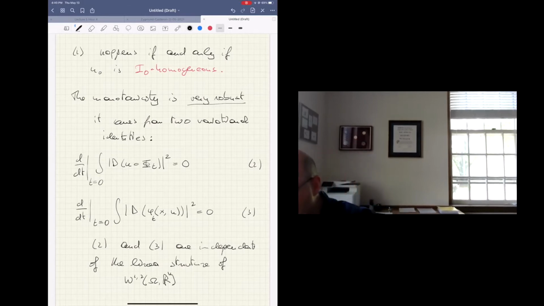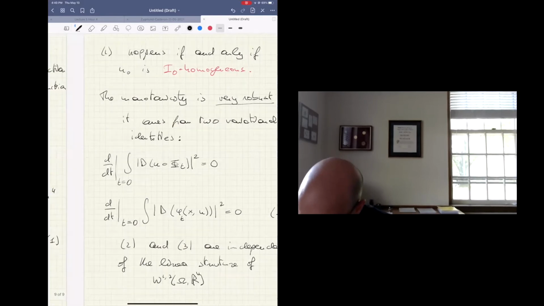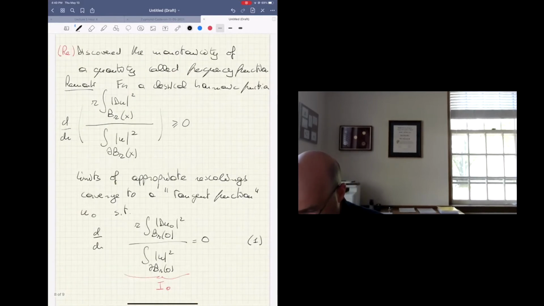It does not depend on the linear structure. And so you can actually do it for these guys, for the multiple valued functions.